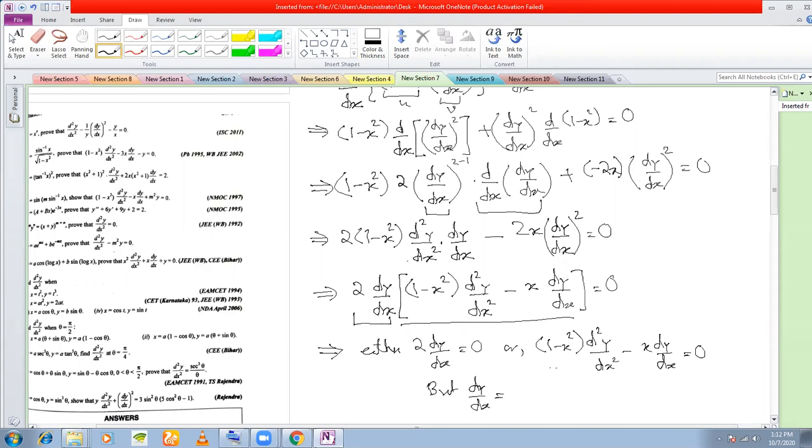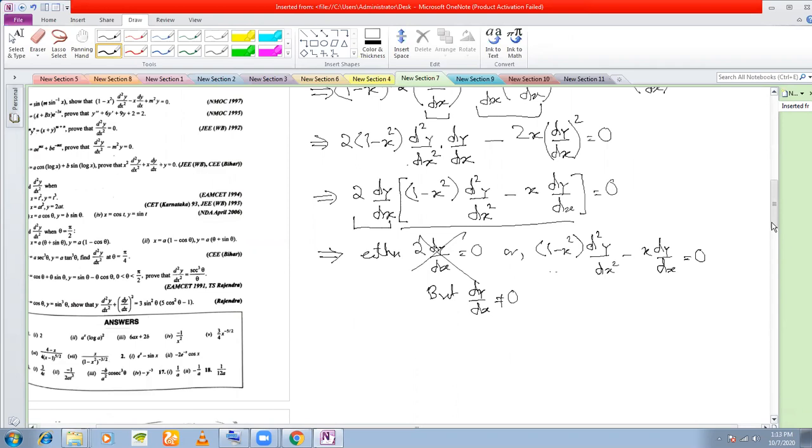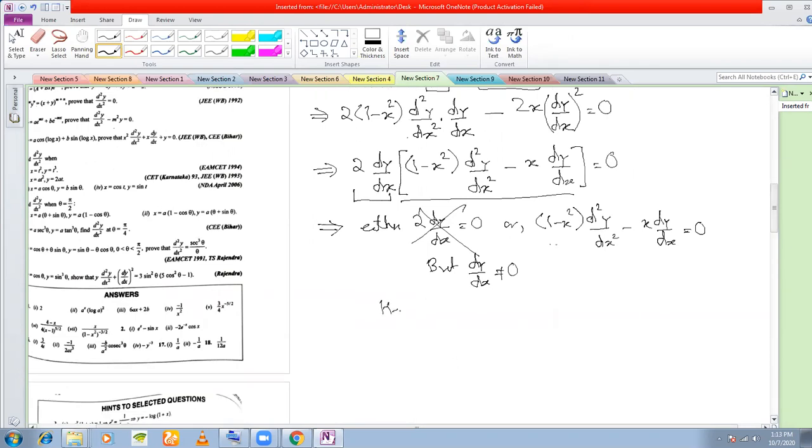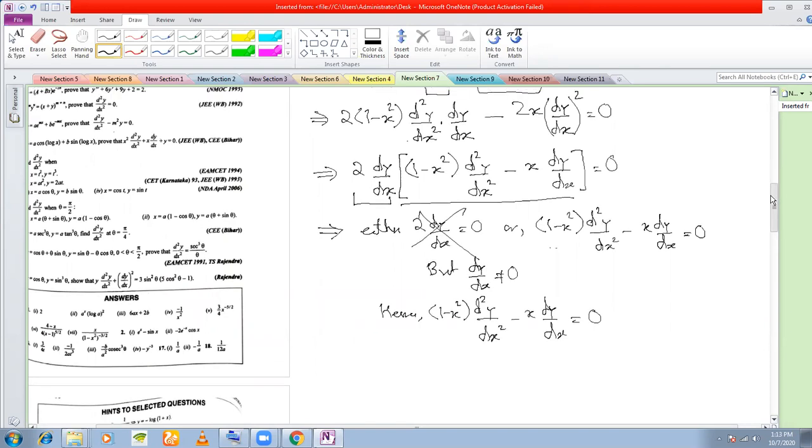But is dy/dx equal to 0? But dy/dx is not equal to 0. Therefore, this one is rejected. Hence, 1 minus x square d2y/dx2 minus x dy/dx is equal to 0.